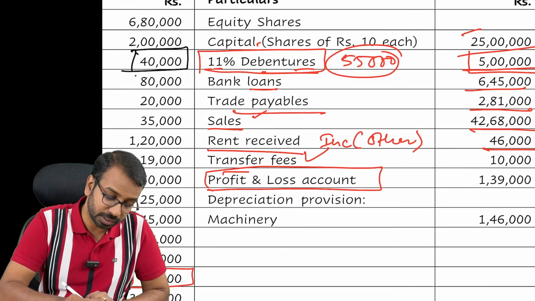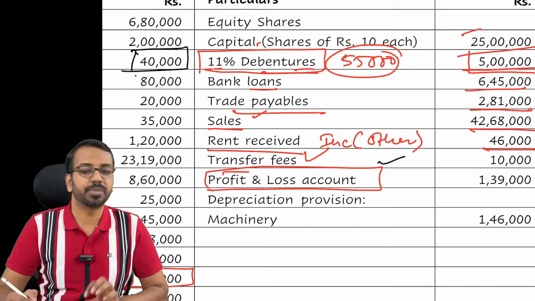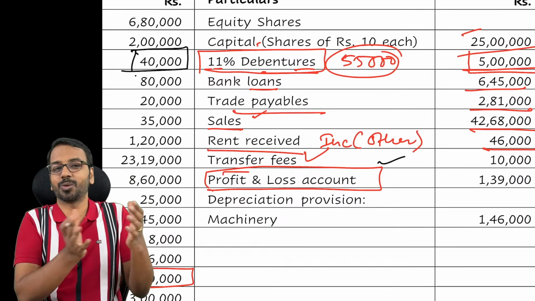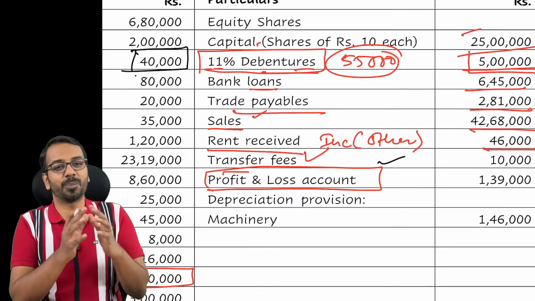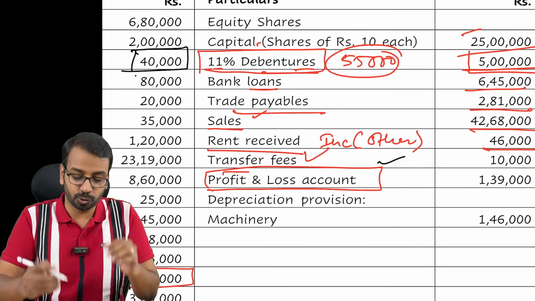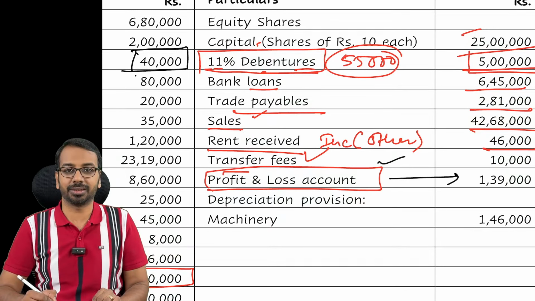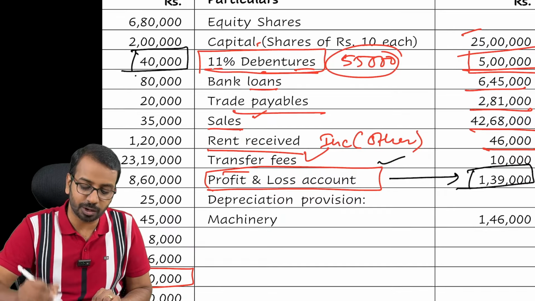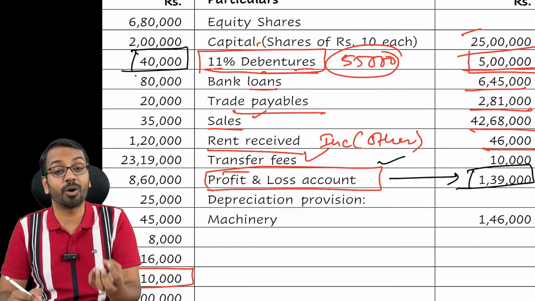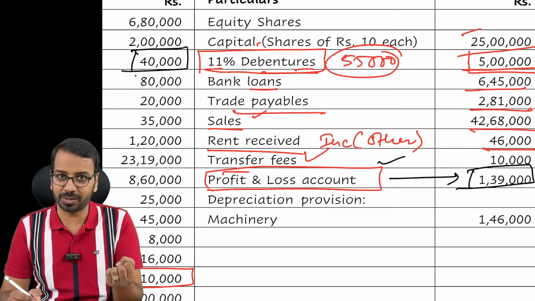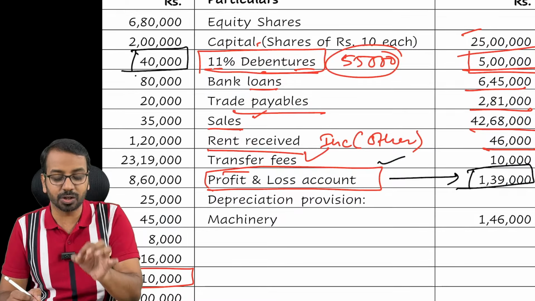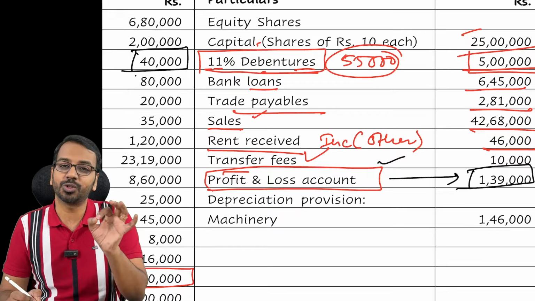P&L account. Sir, what is this P&L account doing in the trial balance? See, this P&L account in trial balance is basically whatever profits the company has earned over the past so many years and which they have not distributed as dividend. Okay, so this profit and loss account balance is basically an amount which is a part of reserves and surplus, and these reserves and surplus or P&L balance belongs to shareholders.